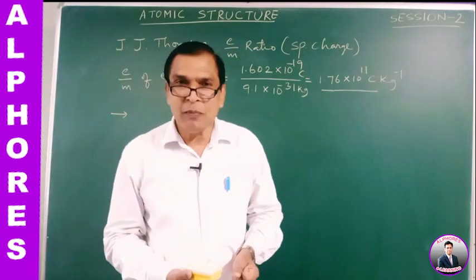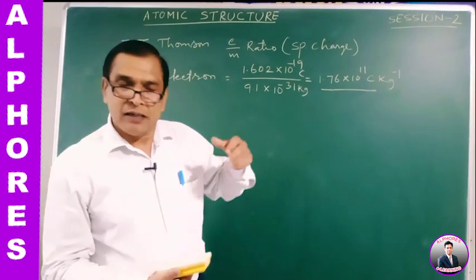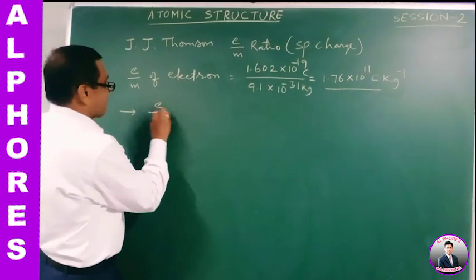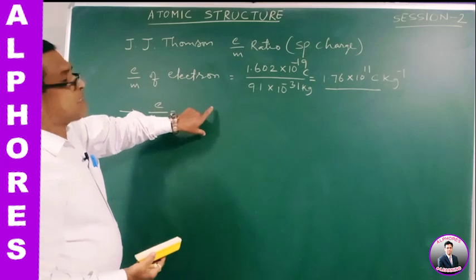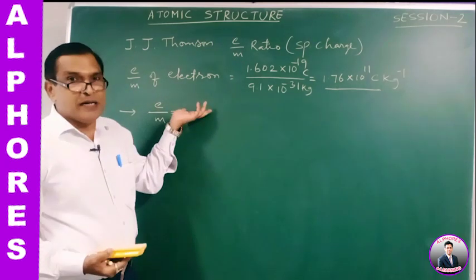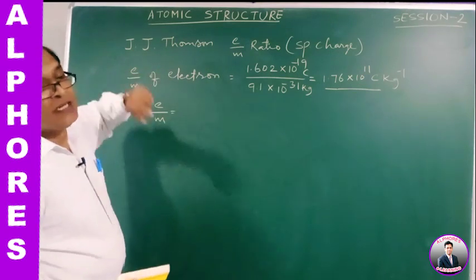As the mass of the particle increases, the specific charge decreases because it is inversely proportional to the mass. So the deflection in the electric field increases when the magnitude of the charge increases.